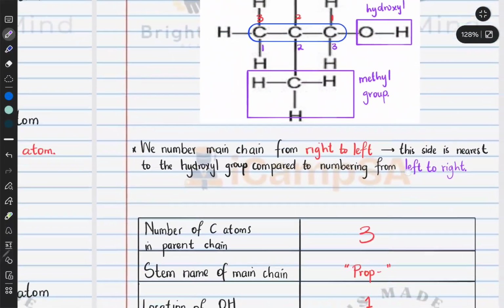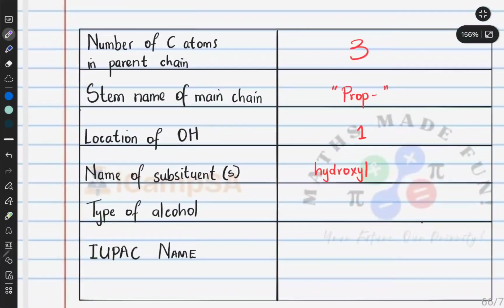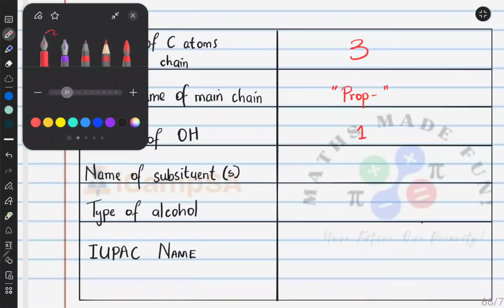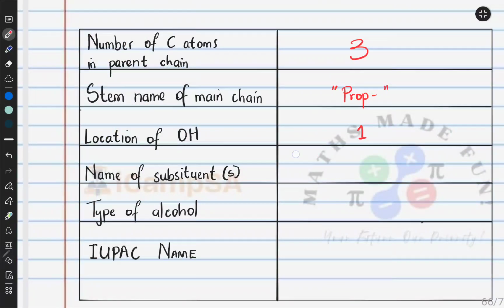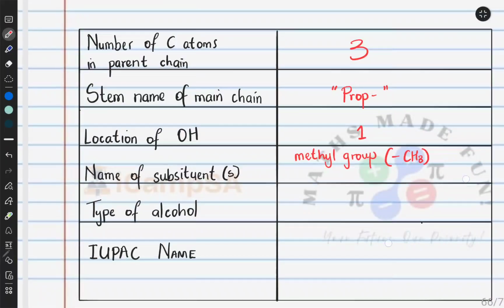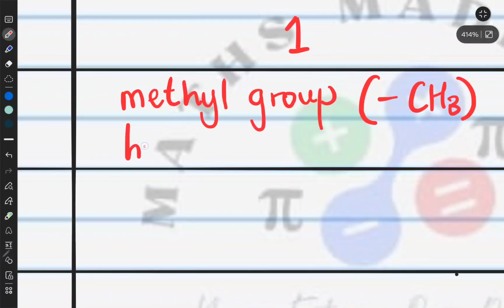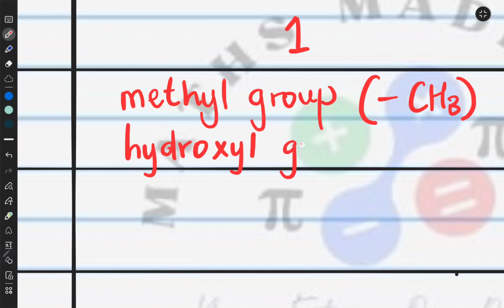All right, so when it comes to these substituents, we have to include all of them. So we have the methyl group, which is the CH3 that we saw there, and then we also have the hydroxyl group, which is the OH. So these are the 2 substituents that are present in our organic compound.